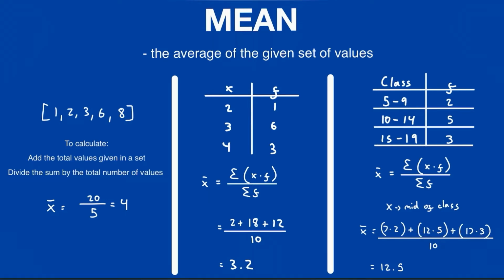And we divide by the total frequency. So which is again just the sum of this. So the total frequency is 10 in this case. So the mean of this data set is 125 divided by 10, which is 12.5. The symbol to express mean would be this, an X with a bar over it.